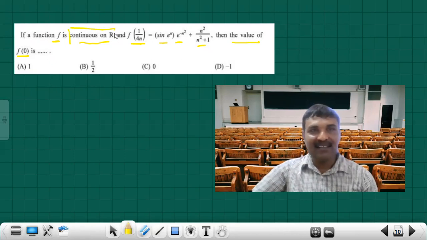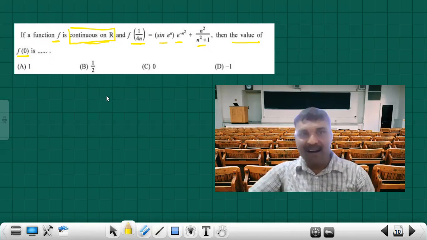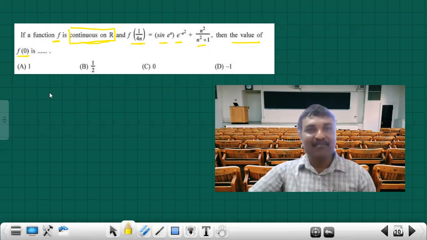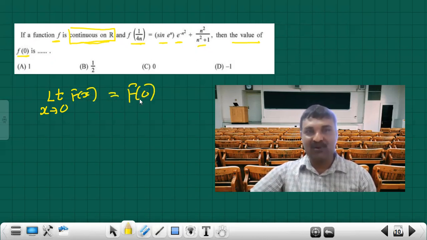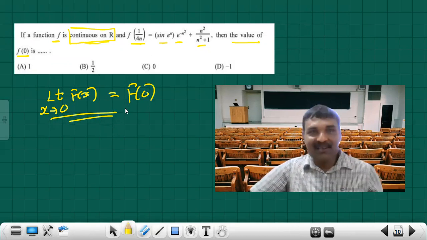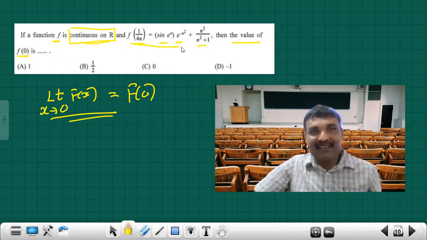So they have given that the function is continuous on R. What that implies is the limit exists. That means limit x tends to 0 of f of x is equal to the exact value of the function, f of 0, since this is a continuous function. Now, our function is not given in terms of x.